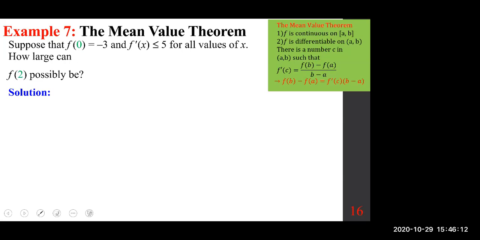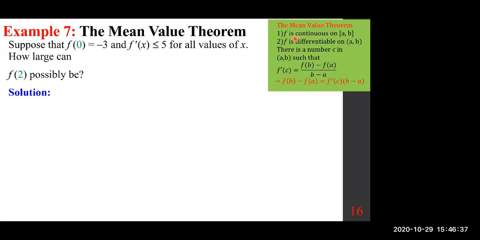If we look at the mean value theorem, this function is continuous and differentiable in the interval of a to b. First of all, what is a? 0. What is b? 2. So a and b, we need to know what they are. Then how do we know it is continuous and differentiable?